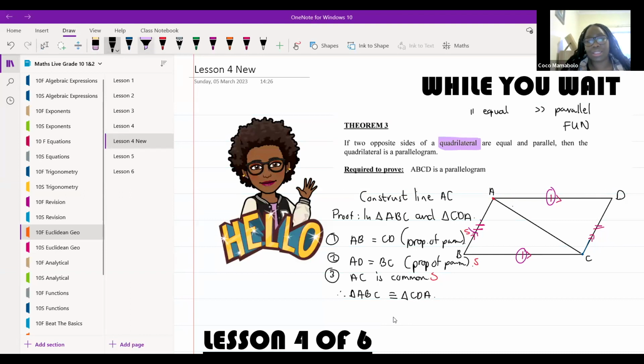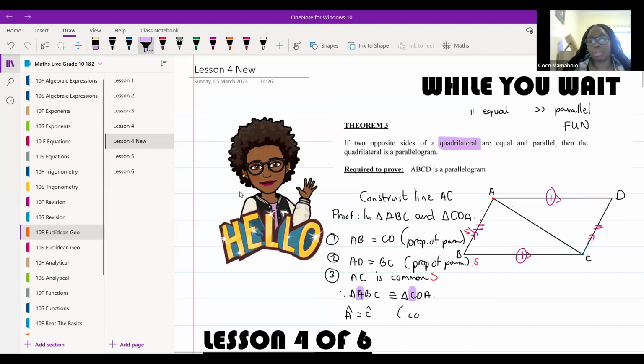Okay, so I can then say, therefore, angle A is equal to angle C, and the reason for that is congruent triangles. The parallelogram is labeled ABCD. Do you see it?